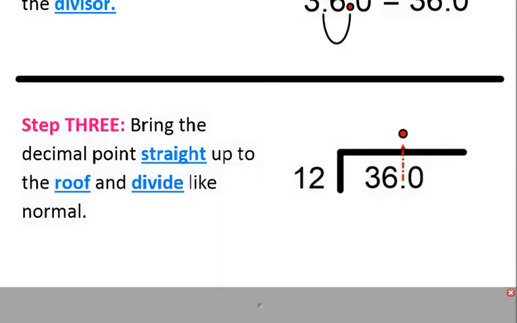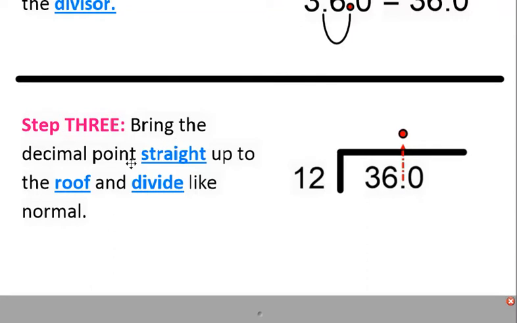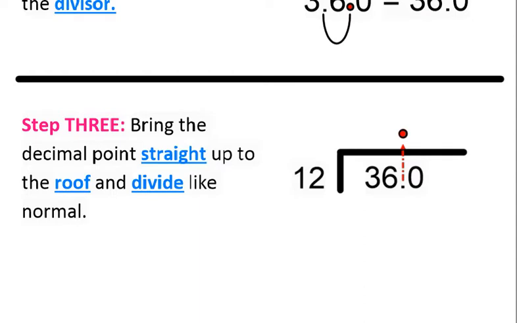All right. Now, step three, you're going to bring the decimal point straight up to the roof, and divide like normal. Okay, so let's go ahead and divide this one like normal. 12 goes into 3, 0 times. 0 times 12 is 0. Subtract, 3 minus 0 is 3.